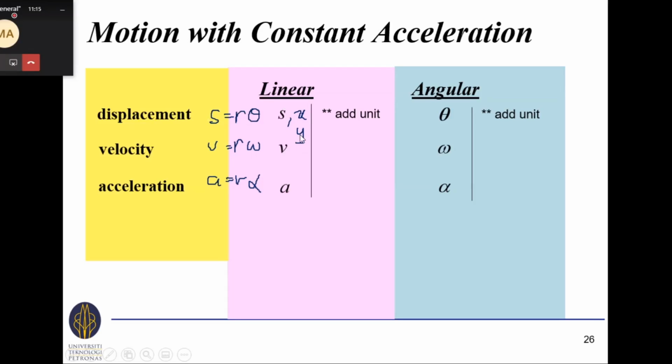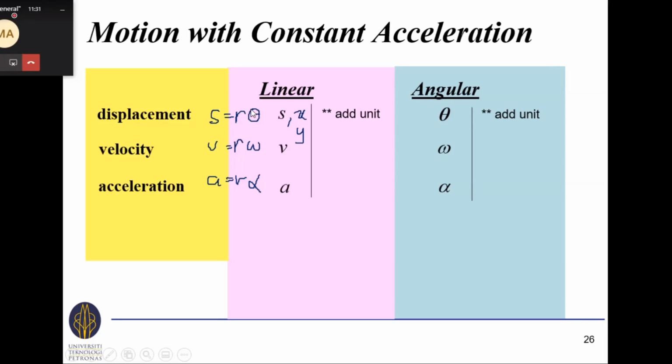And then these are the equations that we have discussed. Okay, maybe not on a equals r alpha. There is actually another one related to that, but that one I will explain later.